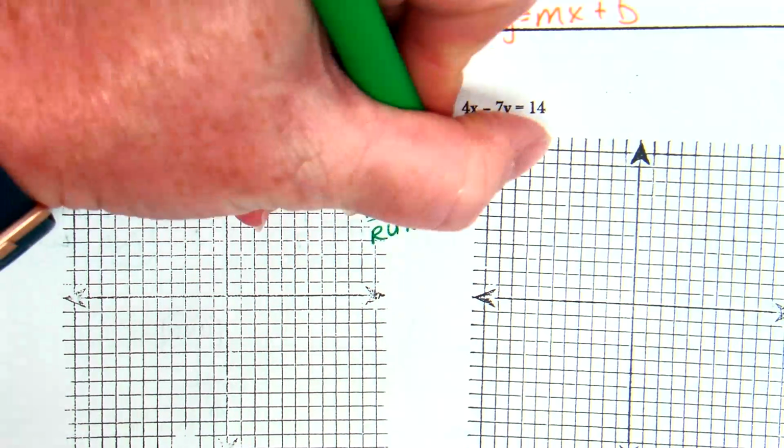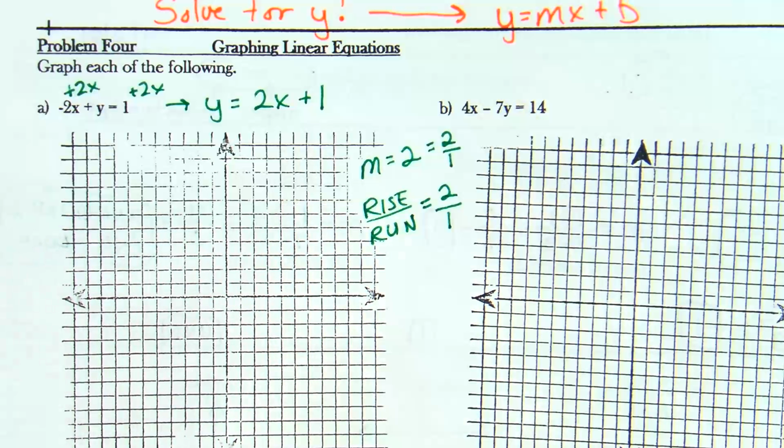But before I can graph slope, what do we have to also know? What does this 1 represent here? Y-intercept. When we know B is 1, that is our y-intercept. So when you start graphing, you have to start by using your y-intercept of 1.